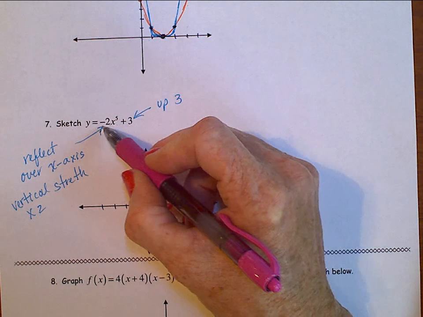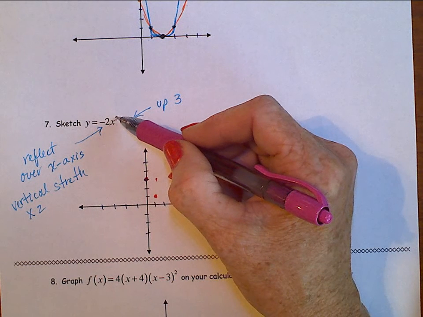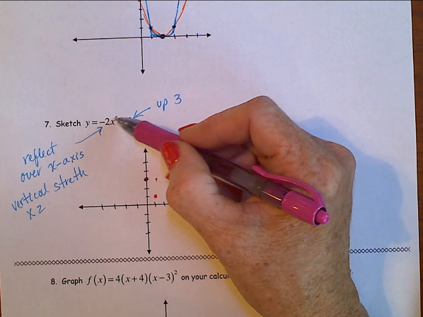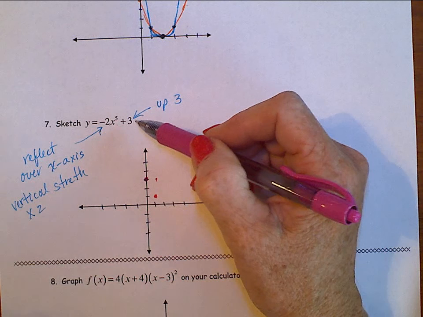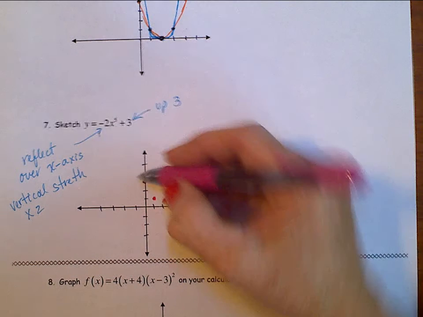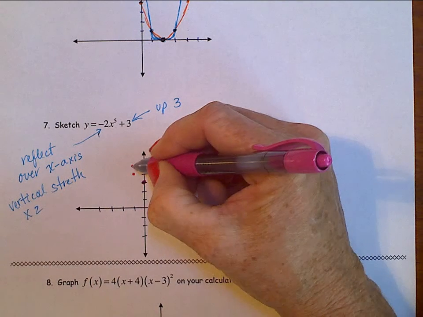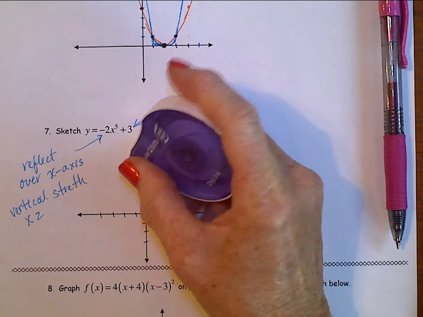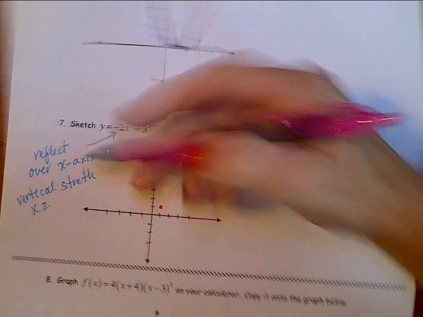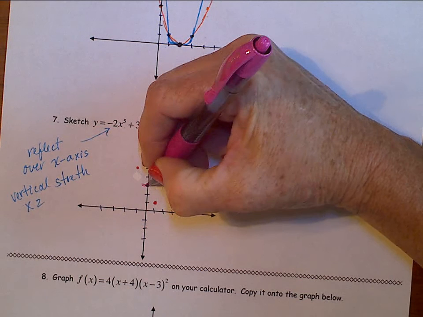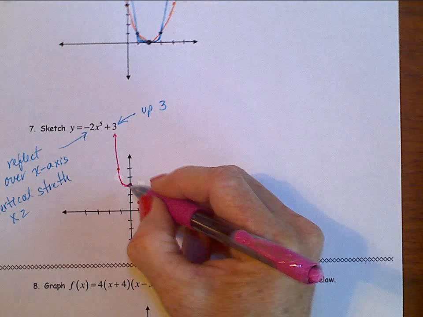Negative 2 times 2 to the 5th. 2 to the 5th is 32 times negative 2. Negative 64 plus 3, negative 61. Holy chimney. Oops, this one here. Forgot to do my stretch. And it's very steep, but very squarish in the beginning, and then very steep after that.